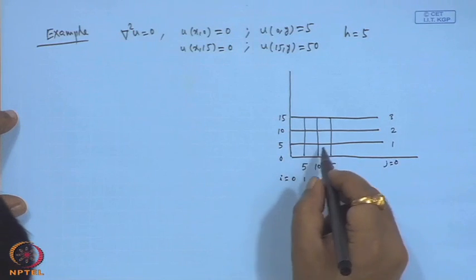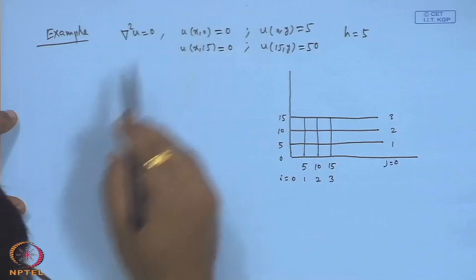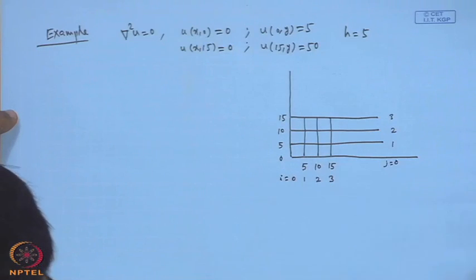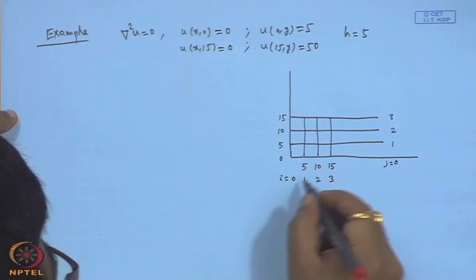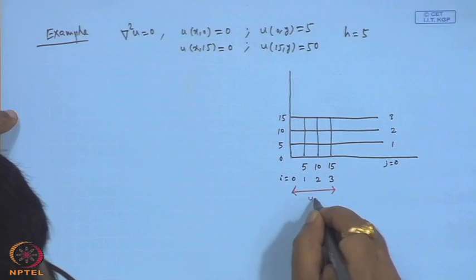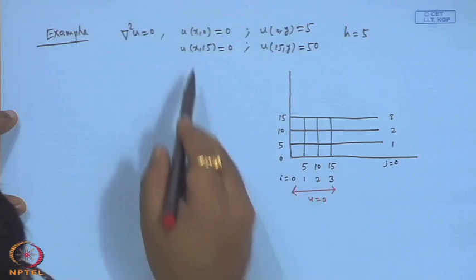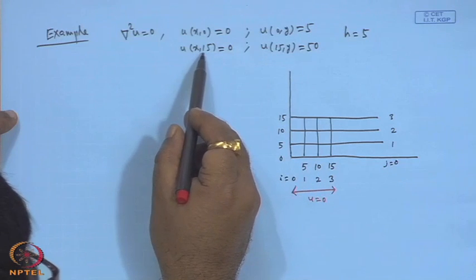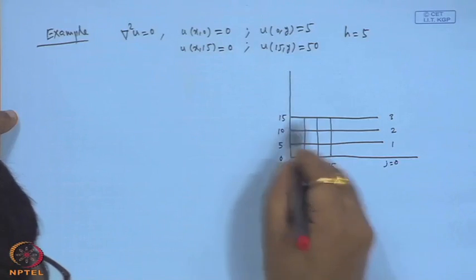Okay. So, now the boundary u of x 0 is 0, right, then u of x 15 is 0. So, y equal to 0 and y equal to 15.